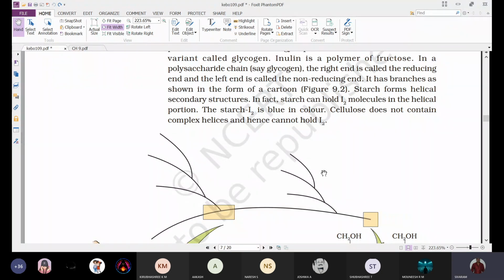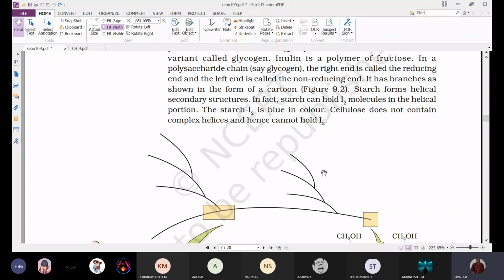Why does iodine give blue color with a starch solution? Because of the presence of a large number of helices, it can hold more iodine molecules, so it gives blue color with iodine.